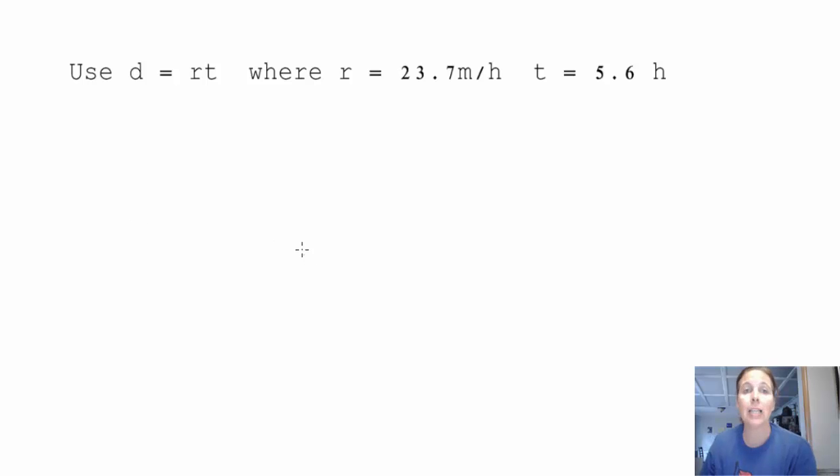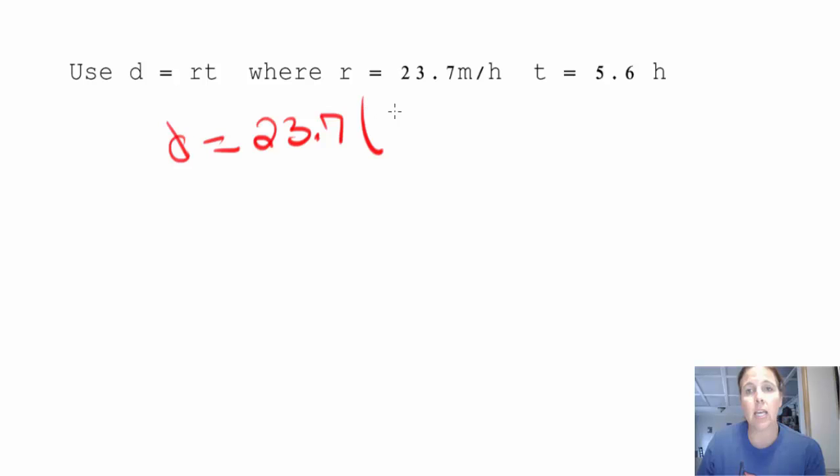This is the last one. We're going to use D equals RT. Sometimes it's not in a word problem, it's just given to you like this, and you plug the numbers in. D is what we're looking for. R is given to us, 23.7, and T is given to us.